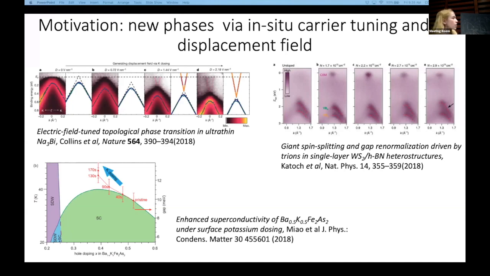You'll notice on this graph that the plots corresponding to the potassium dosing are labeled 40 seconds, 90 seconds, 130 seconds. That is the tuning knob that we actually have in the experiments. We can control how long we've been depositing potassium on the surface. This is not a good way to determine how many electrons have actually been added, and I'll come back to that in a little bit.